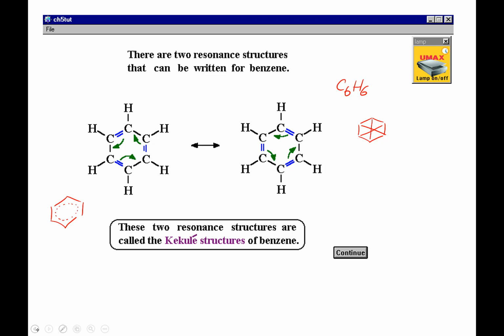It wasn't obvious at the time that these two structures were not independent structures and that the molecule didn't flip back and forth rapidly between them.